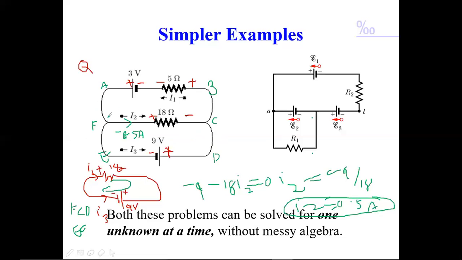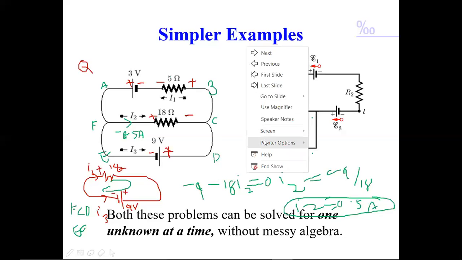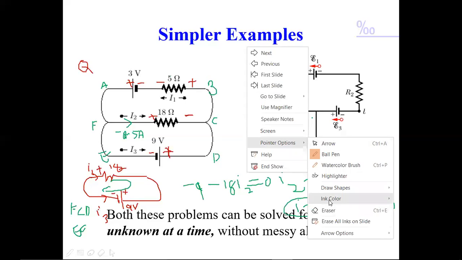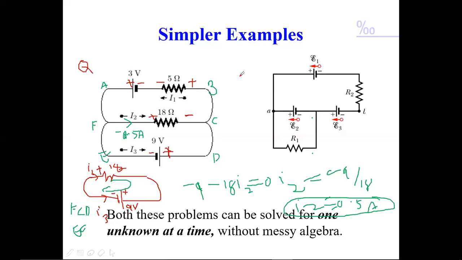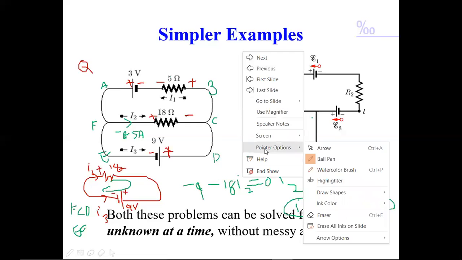Let me do it in a different way. Let me write this A, B, D, E, A loop. Now I am going to draw that loop. Right, I'm going to draw that loop. How does that loop look like? Wait one moment.